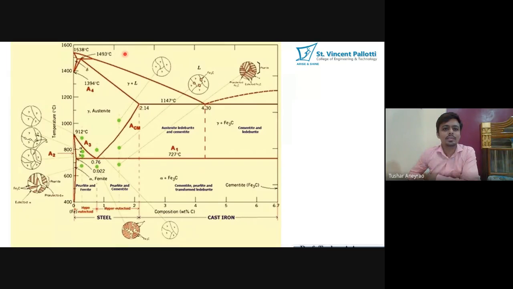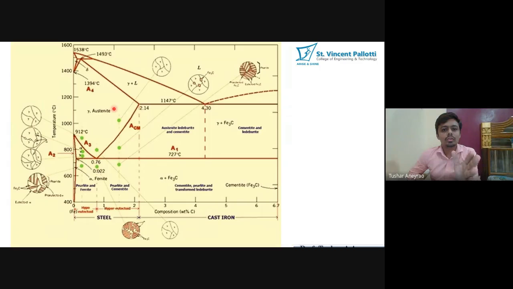If you consider this point where my cursor is right now, and drop a line onto the composition axis, then whatever value you get will be the composition of that liquid. That means that much percentage of iron and that much percentage of carbon will be there. Always you have to draw a tie line considering the composition only.